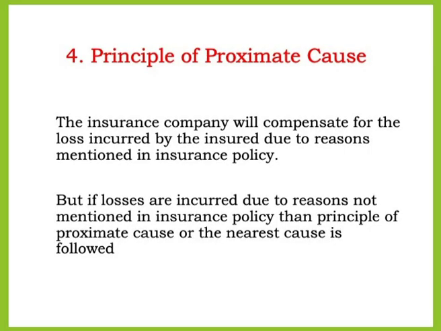Then you have the principle of proximate cause. Proximate cause means the nearest cause which has actually caused the damage. The insurance company will have a list of causes which might cause the loss. When a loss is suffered, if it is suffered out of those reasons only, the insurance company will provide the claim. For example, in fire insurance, the goods got destroyed by fire, whether accidental or on account of an act of nature, such as fire which may break out because of gas emissions.